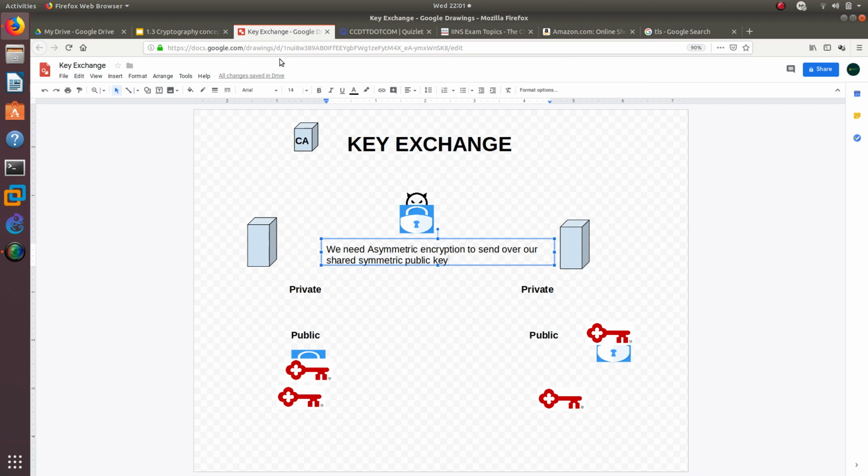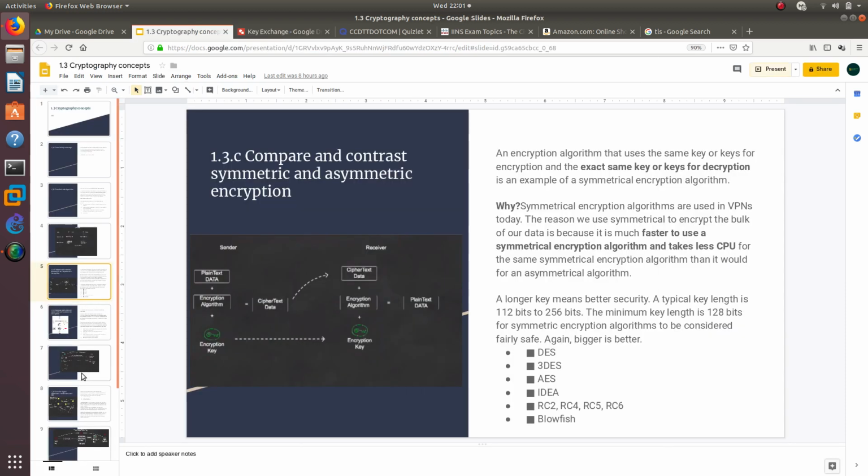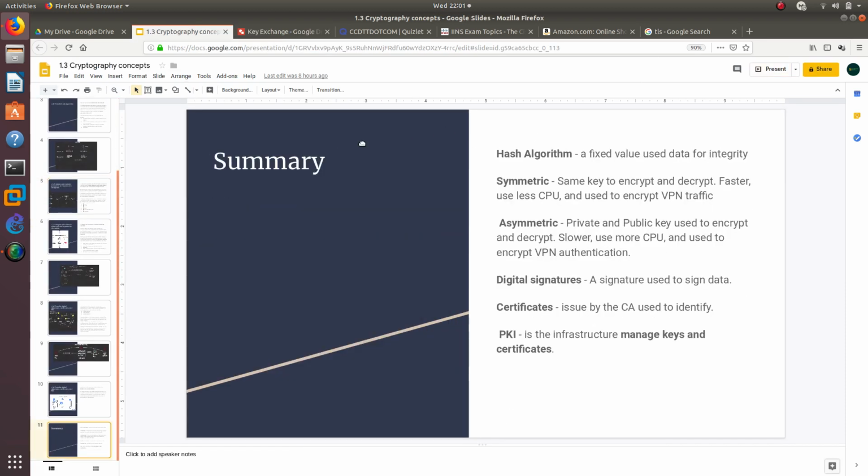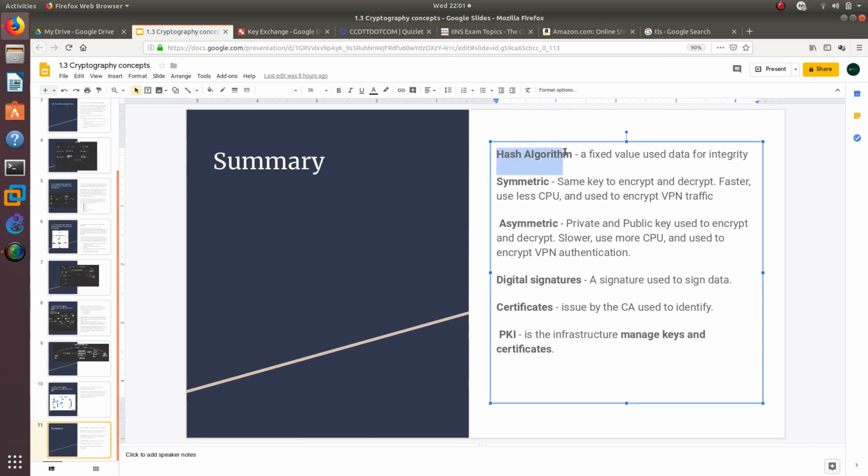Okay. So this is all for this, not for this video, but for this slideshow. And let's just go ahead to the summary. A hash algorithm: what is it? It is a fixed value used for data integrity. Symmetric uses the same key to encrypt and decrypt.